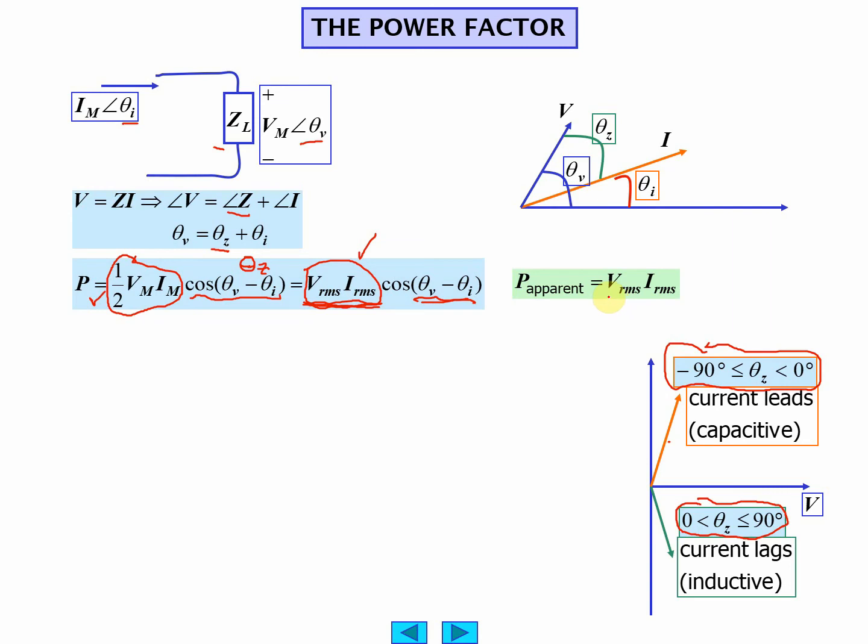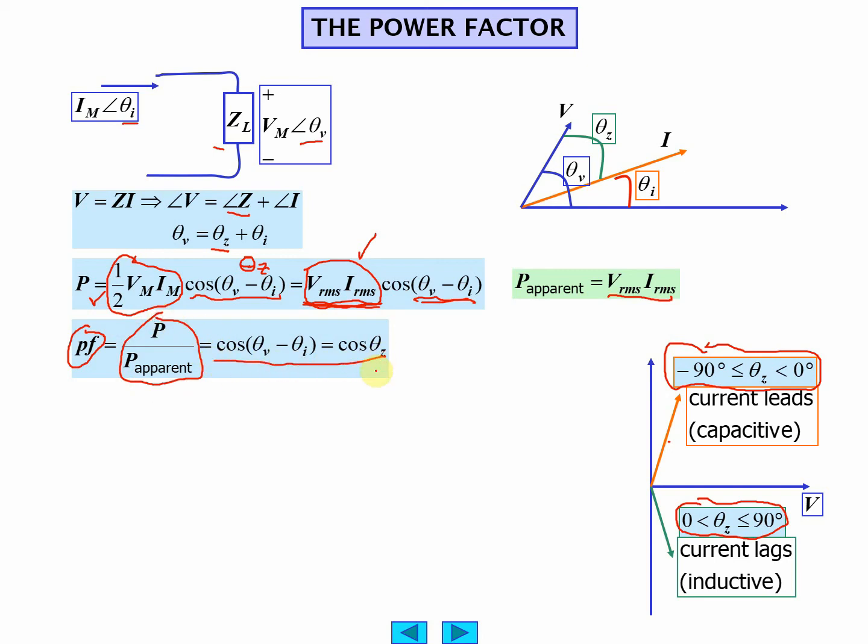So the apparent power is the multiplication of the RMS values, but there's a power factor. This cosine is a power factor. So your true power that you're consuming is current times voltage times a power factor.